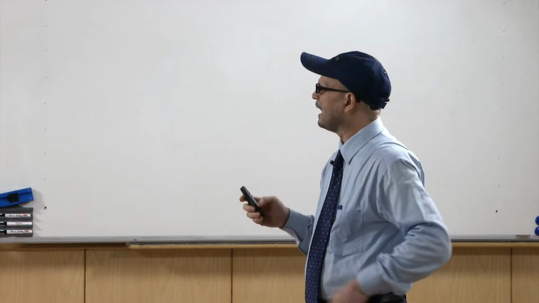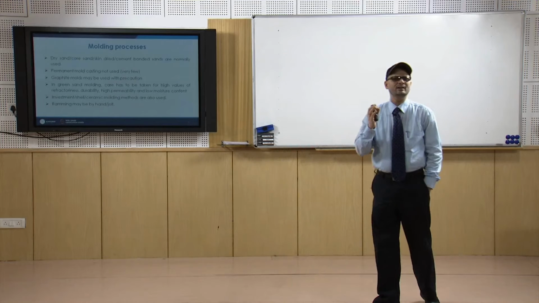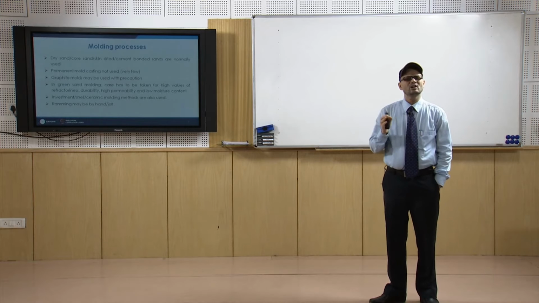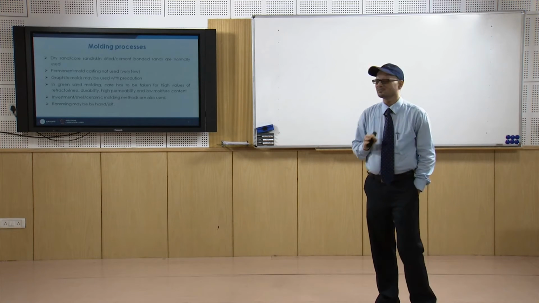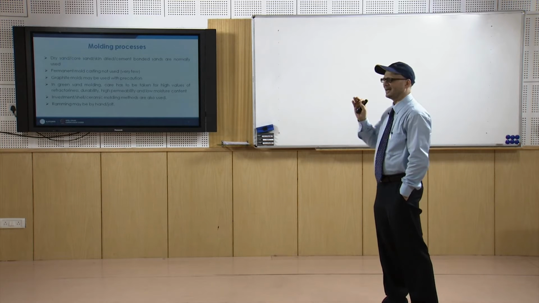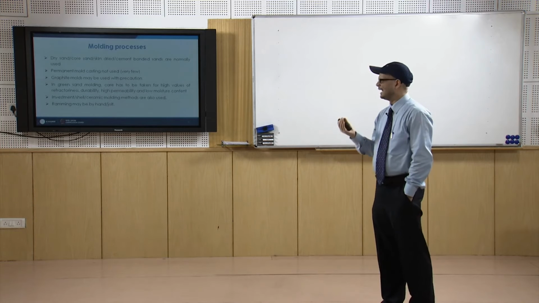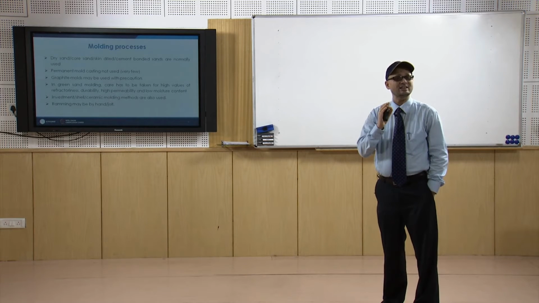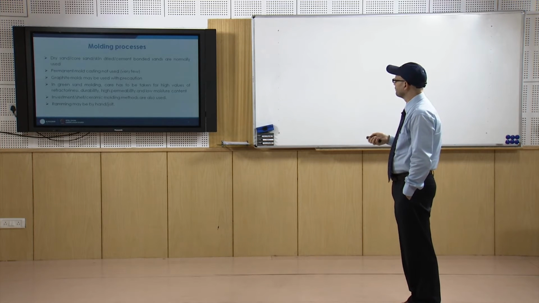So, you must have sand with very high refractoriness values. For that you use high purity silica sands, or any sand which has the purity required, and of appropriate size and shape also, which should give you the proper refractoriness.